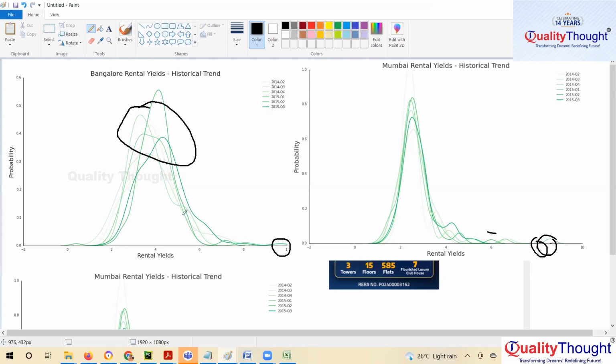But probability of getting 4 or 0.4 is so high, isn't it? Here it is for 3 maybe. So I have the maximum probability of getting a higher yield in Bangalore.